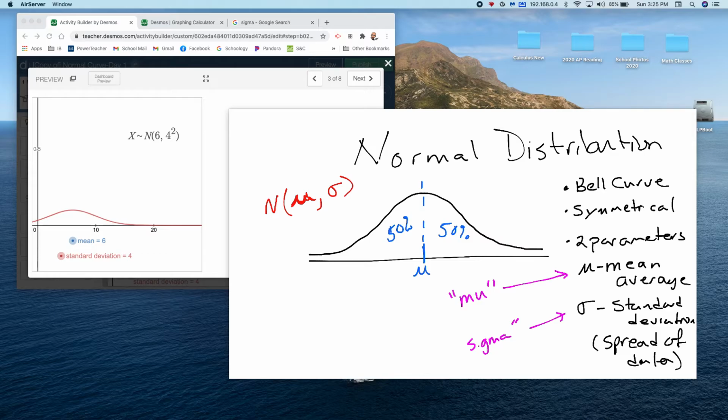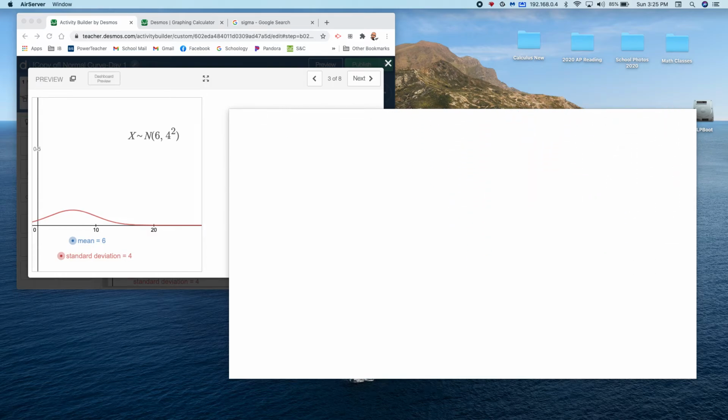Okay. Because this is symmetrical and because the standard deviation describes how spread out the data is, we can draw a normal curve and talk about different parts of this normal curve.